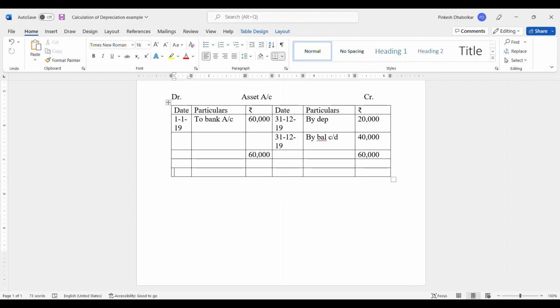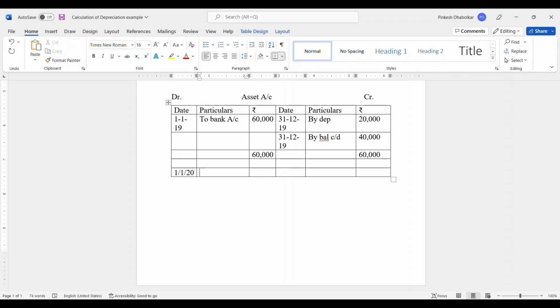So let us move with the next year. Next year, first entry, the opening date is 1st January 2020. We have to balance brought down. Amount is how much? Amount is 40,000. Similarly, on the last date, when we are completing 1 more year, entering this transaction on 31st December 2020, entry will be by depreciation.